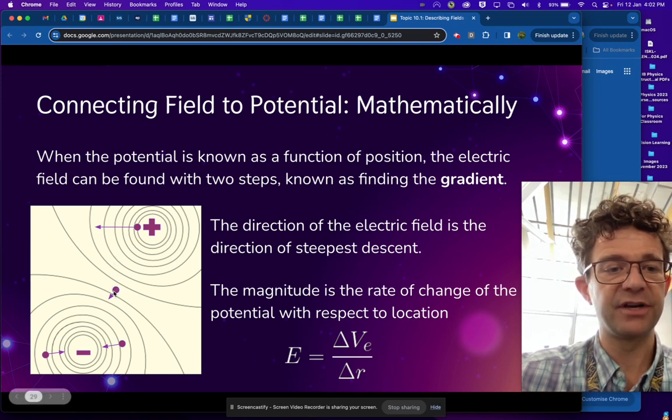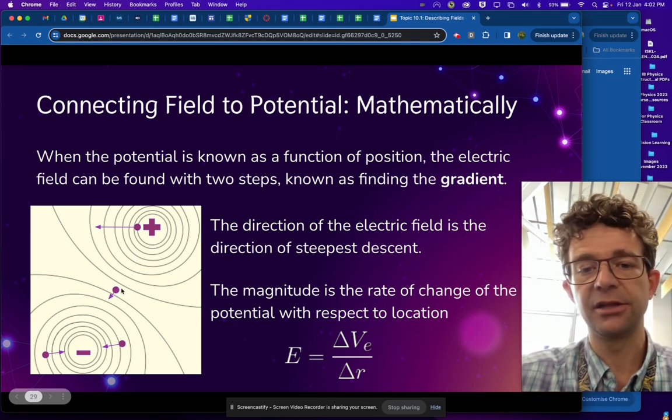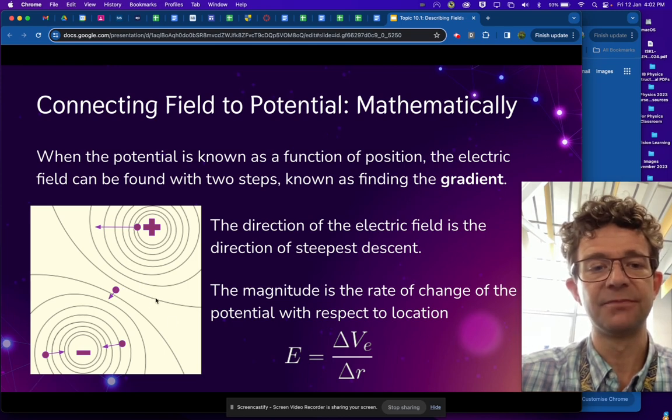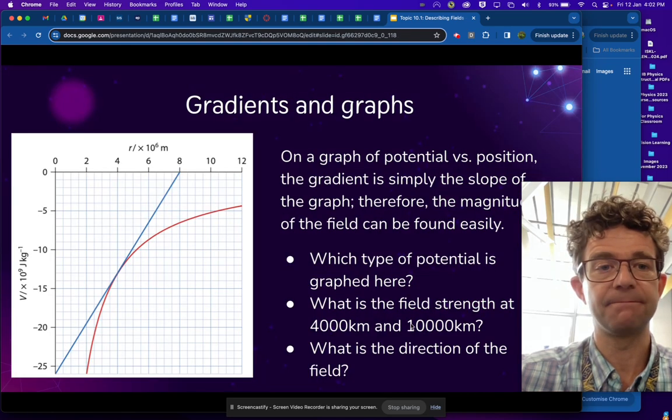There's a lot of different arrows that are this same length at this point. This is the one that actually gets you across the nearest potential line. So you're trying to point downhill, and that's how you would find the direction. So you can find the magnitude by looking at the difference in potential and the separation of the lines, and the direction by finding the direction of steepest descent.